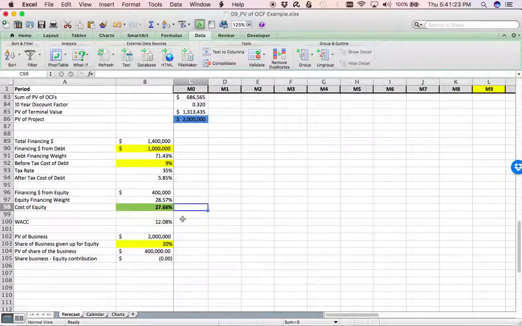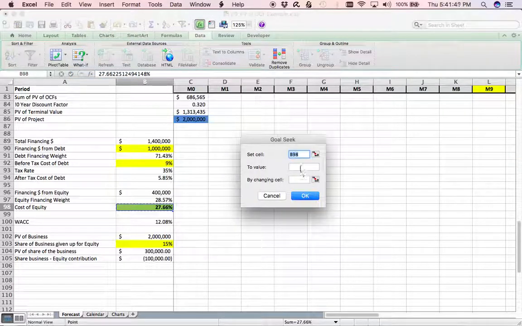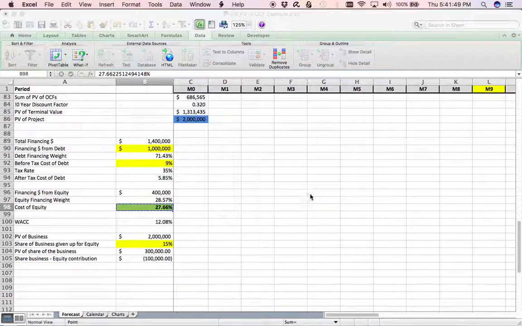So you can see it solved it down to about a 27% cost of equity if we give up 20%. Maybe I want to move that share down to 15%. We'll do our what-if analysis, goal seek, change the difference. Right, we want to set the cell value to 0 by changing the cost of equity again.